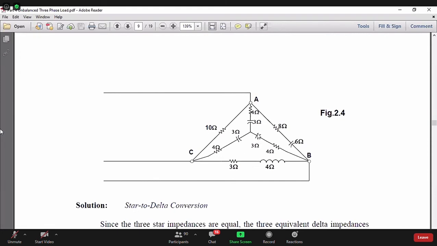That means the neutral of one star and the neutral of the equivalent star of the delta, if they are not at the same potential, you cannot connect the two neutrals and therefore they are not in parallel. So if I convert the delta to star, there is every possibility that they are not in parallel. But if I convert the star to delta, then I have another delta.